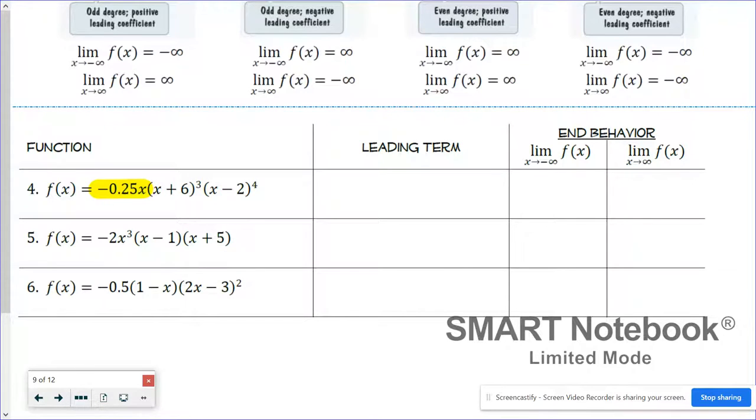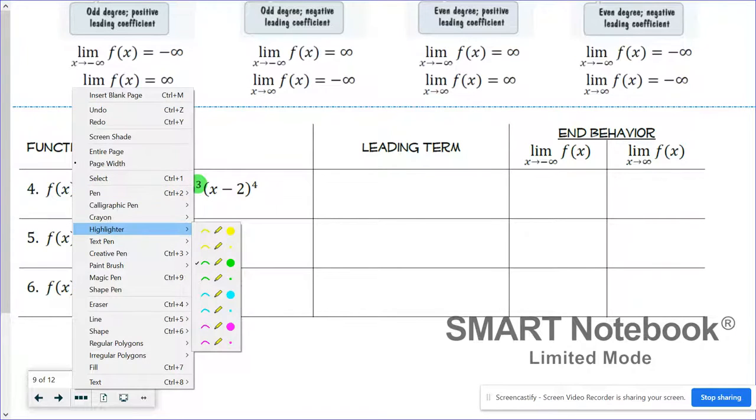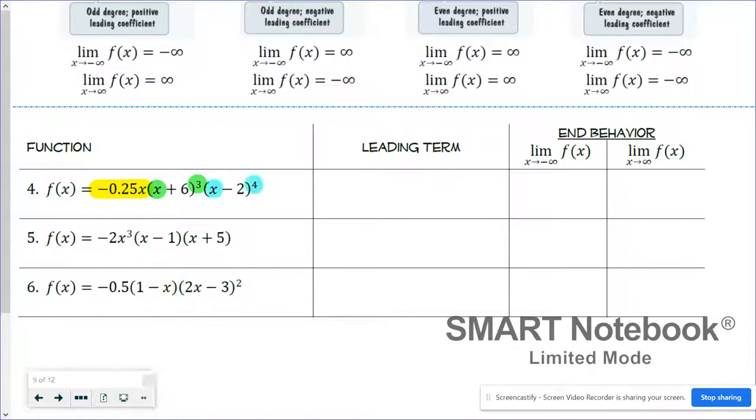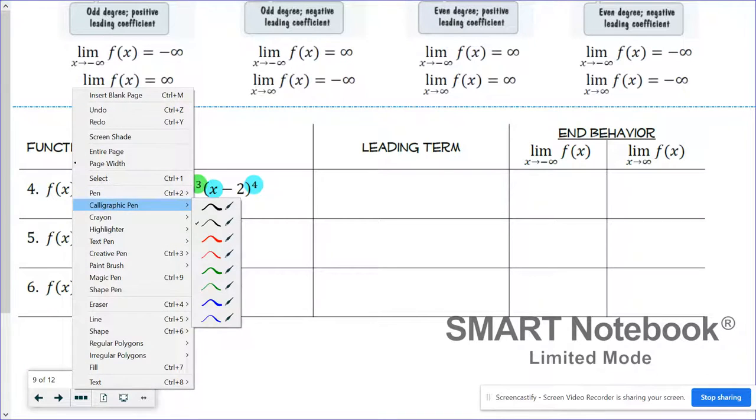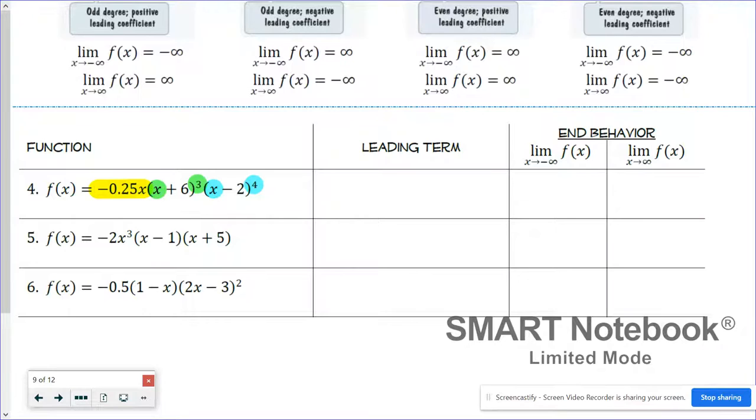The next leading term would be x to the 3rd power, and the next leading term would be x to the 4th power. So if I put all those leading terms together, I have negative 0.25x times x cubed times x to the fourth.